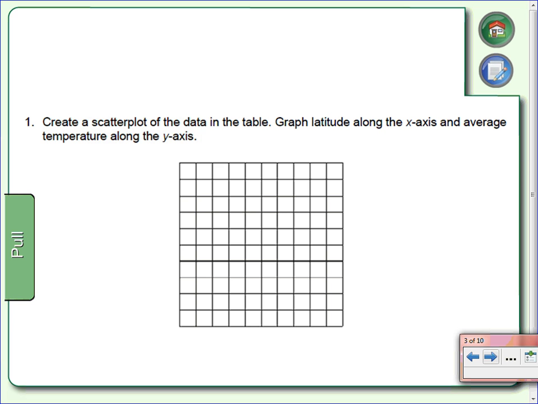The problem is they really didn't give me much on this graph paper. So we're going to have to label some things here. Notice one of the things we're going to label is the x-axis. And it says here that we're going to label that x-axis as the latitude. So let's go ahead and do that. Down here, the x-axis is going to be the latitude.